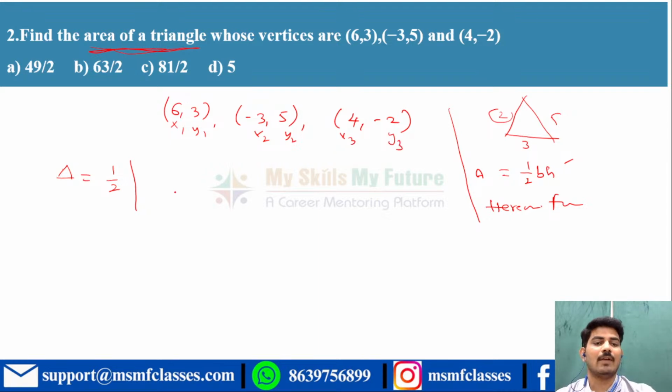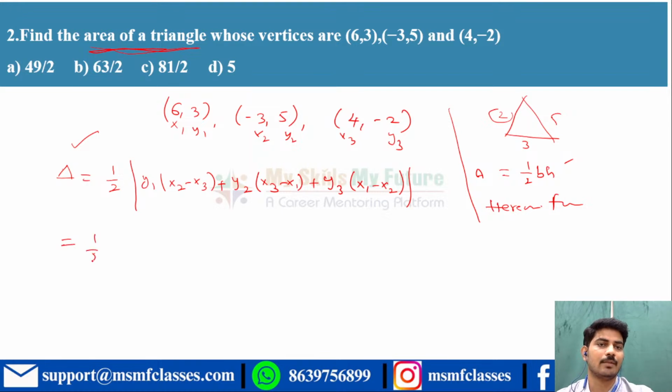After naming the values, the basic formula will be 1 by 2 modulus of y1 into (x2 minus x3) plus y2 into (x3 minus x1) plus y3 into (x1 minus x2). If we remember this formula, you can easily substitute the values given here and get the answer. All you need to do is remember this formula, carefully substitute the values given here and then simplify the equation.